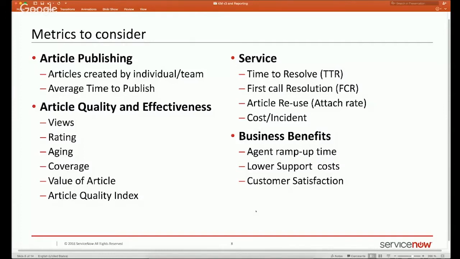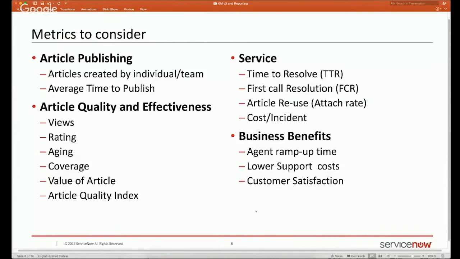Article reuse or attach rate. Articles, when they are being used in the context of an incident or a case, are typically attached to that case as something that solved that case. And in that case, you want to find out what the attach rate is. Cost per incident as well. That's a measure from a service perspective.